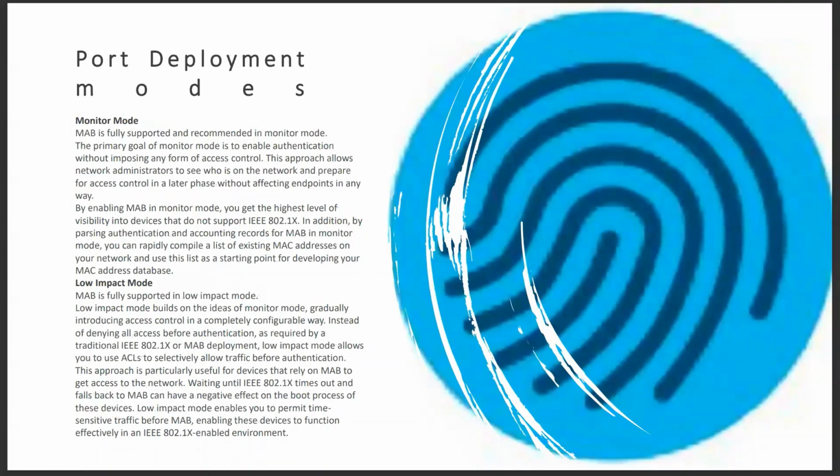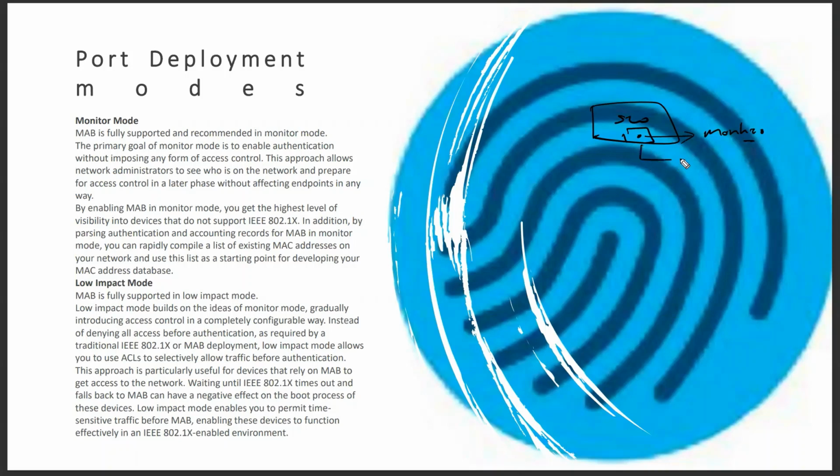The next one is the deployment mode. We talked about the switch and the particular port. Once the port has been provisioned, the deployment mode is about what you want to do on that port. There is monitoring mode, where you just monitor, don't do much, and allow the traffic.